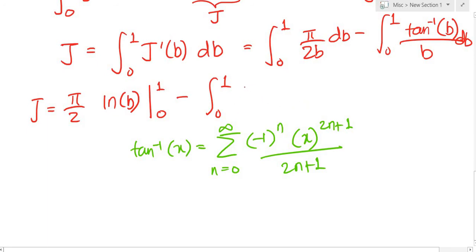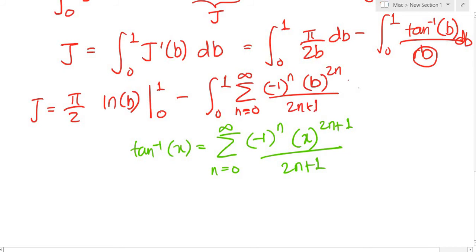So instead of this inverse tangent of b, we can write the sum from n equals 0 to infinity of negative 1 to the nth power times b raised to 2n plus 1, but again divided by this original b over here. So we just have b to the 2n, divided by 2n plus 1, and it's integrated with respect to b.